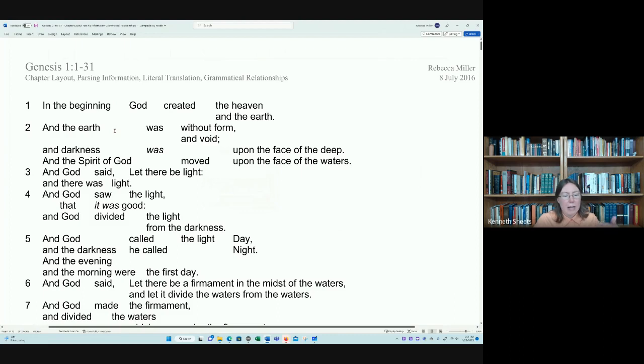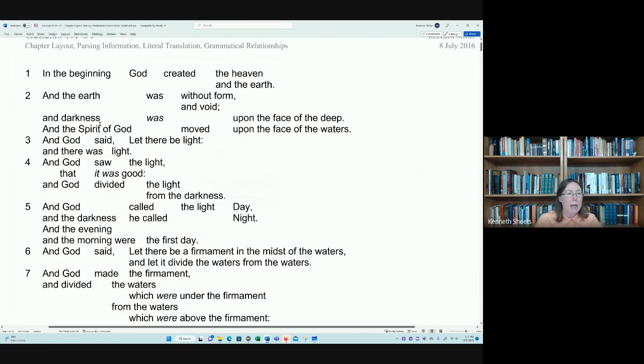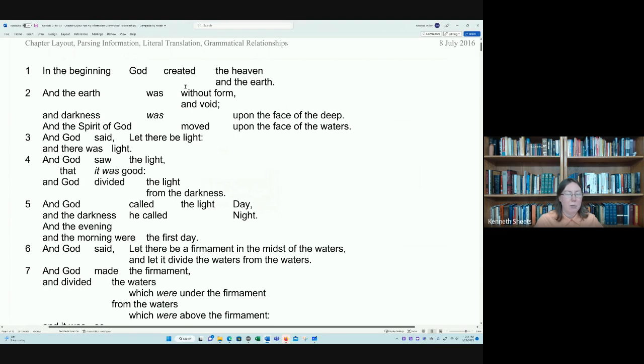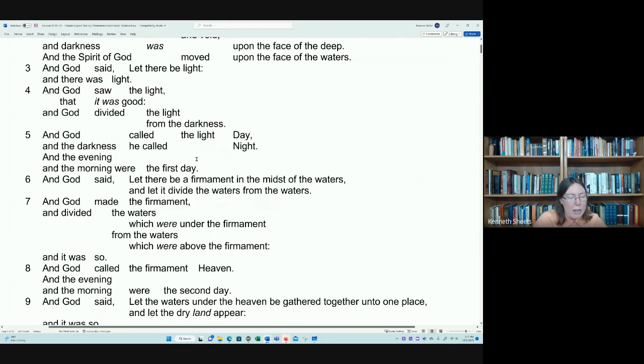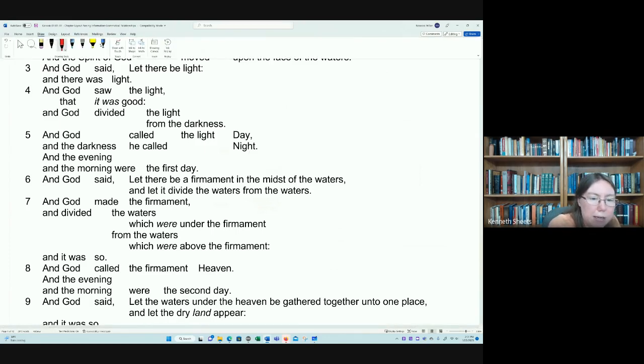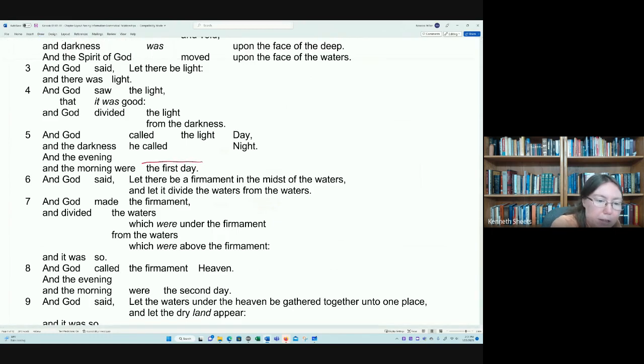So notice here as we go through Genesis chapter 1, we have in the beginning, God created the heaven and the earth, and the earth was without form and void, and darkness was upon the face of the deep. And then we have the closing here where he says in the KJV, the first day.